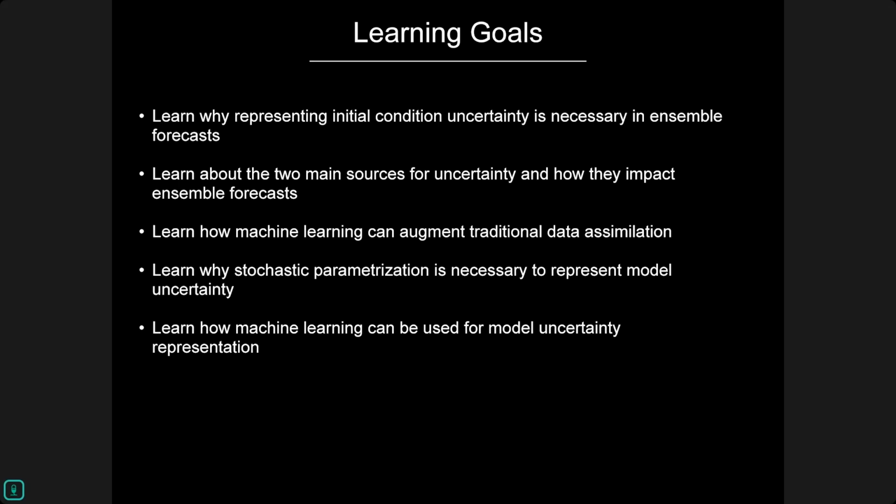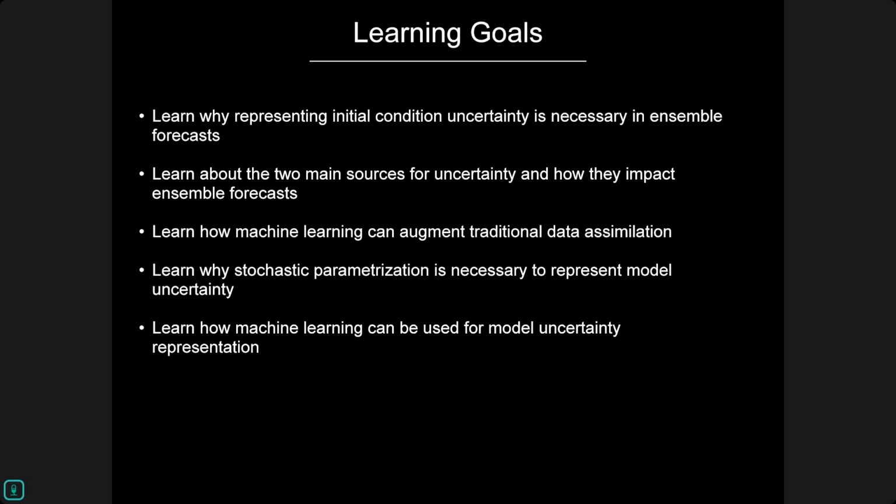In terms of learning goals for today's lecture, these are the learning goals that I've listed. We learn why representing initial condition uncertainty is necessary in ensemble forecasts. And this directly relates to what Sarah was talking about, data assimilation, which is essentially trying to give us the best initial condition for a forecast. And then we learn about the two main sources of uncertainty and how they impact ensemble forecasts.